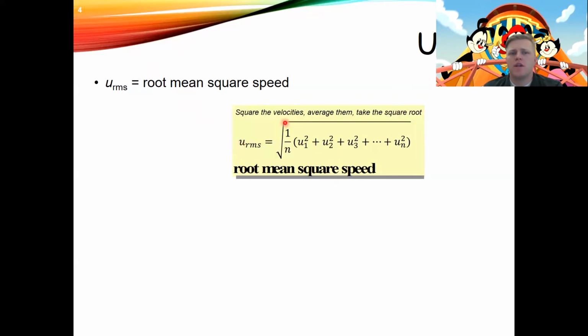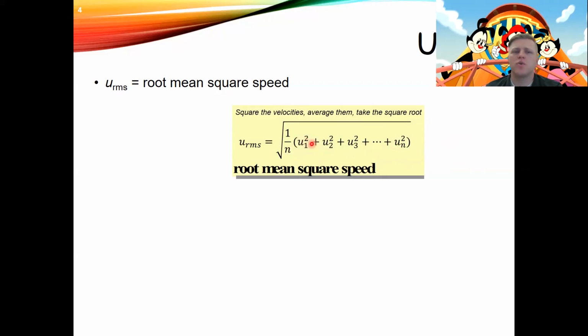So this equation is how we calculate our RMS speed. We take the speed of each individual molecule: u1 is the speed of molecule 1, u2 of molecule 2, u3 of molecule 3. Then we square each of these before adding them together. We square the first speed, second speed, third speed, add those up, and divide by the number of speeds we have.